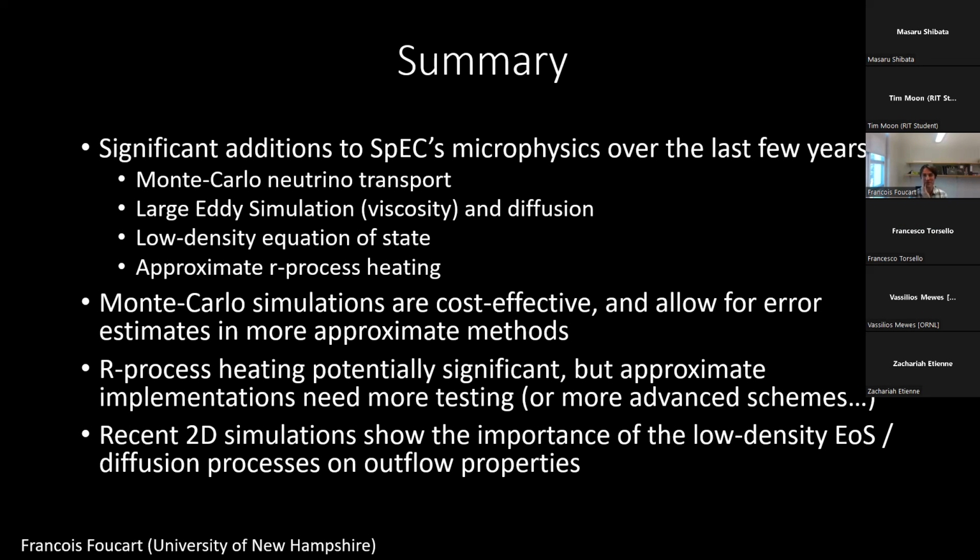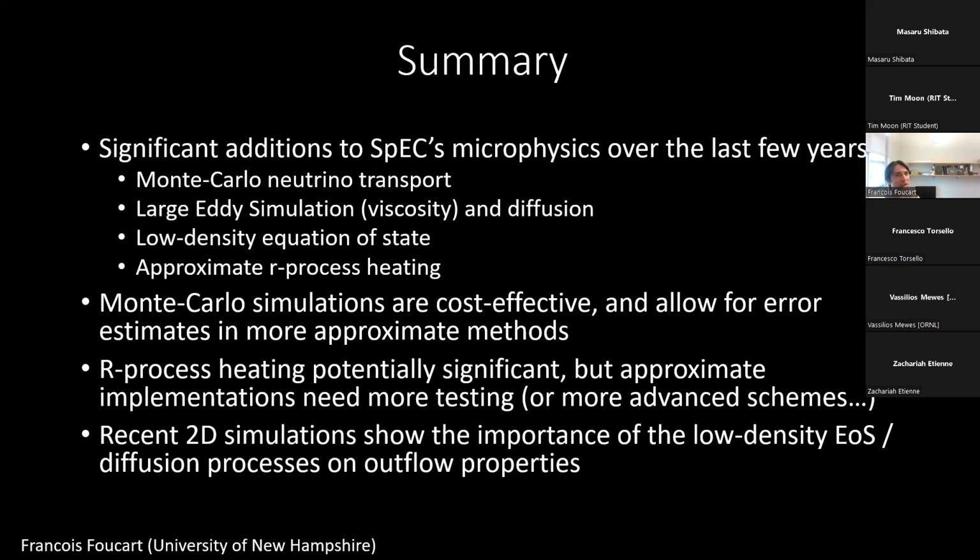So I'm not as involved in Spectre as in SPEC, but at the moment, Spectre can evolve binary black holes. It has the MHD equations implemented, and it's currently being run for disks on a flat metric. I think the coupling between the fluid and the metric is in progress.